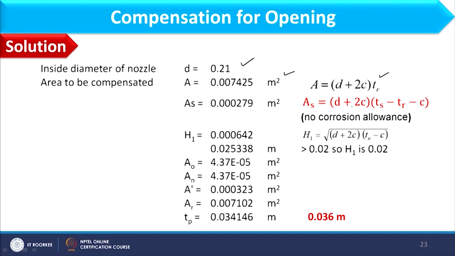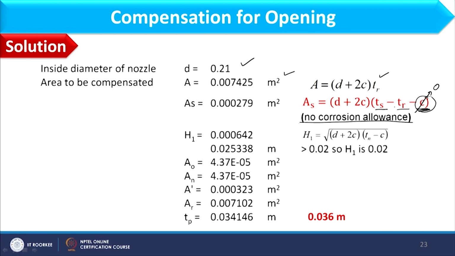AS will be computed using the expression D plus 2C into TS minus TR minus C. Now in this case TS is 36 and TR is 34.69, and C we have not added in this standard thickness. So in that case while computing the AS value we will not consider corrosion. So in that case this value would be equal to 0.